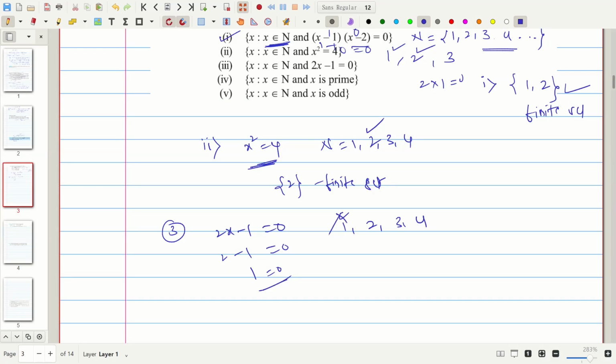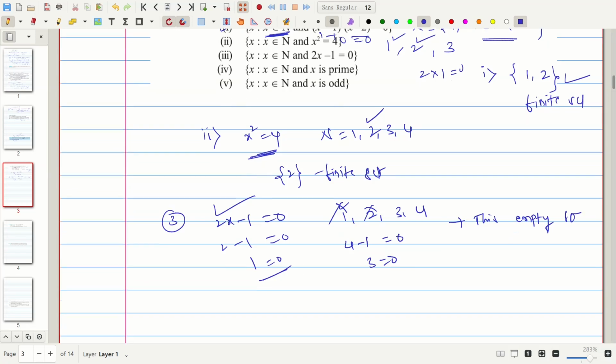If you put 2, then 2 fours are 4 minus 1, which is 3, and 3 is not equal to 0. So if you put all the natural numbers, this equation will not be satisfied, because this set does not contain any element. So this is an empty set.